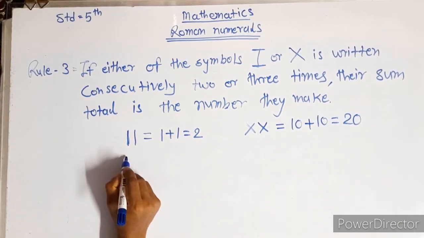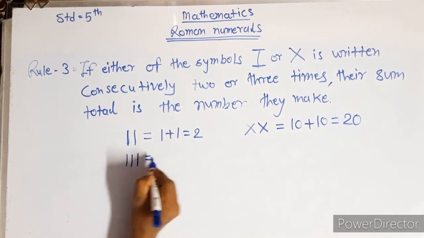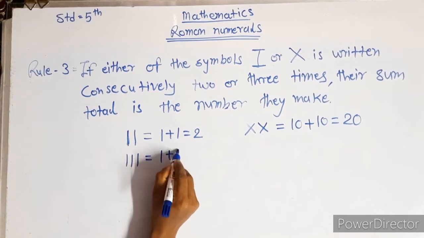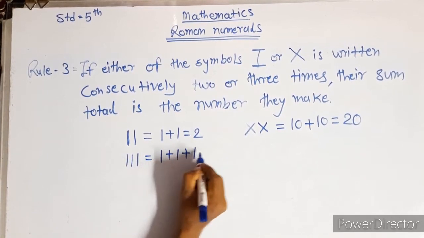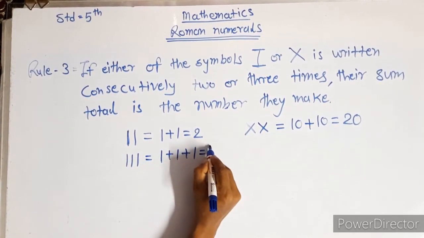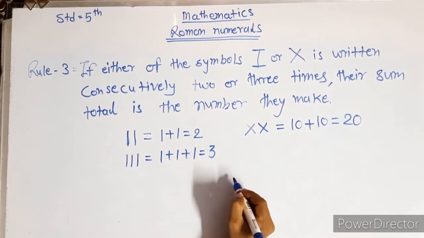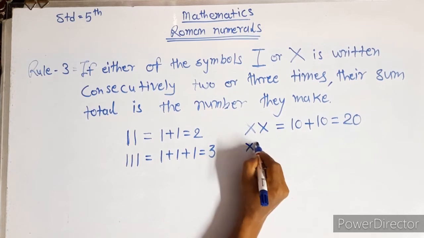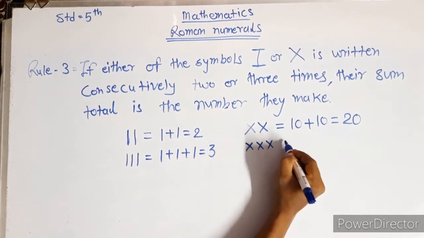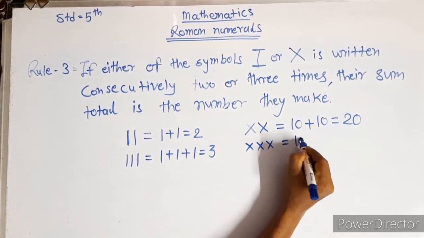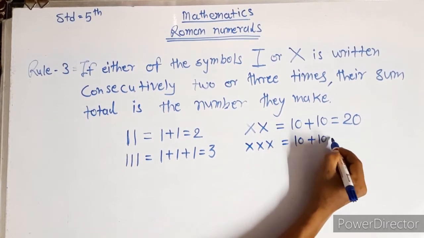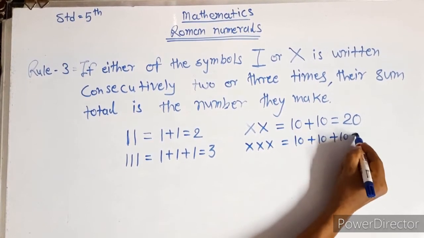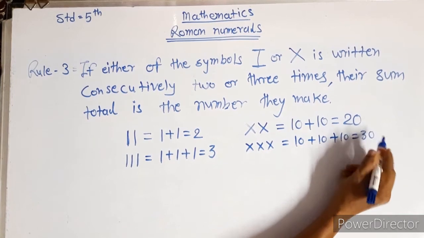Now if we use I 3 times, it means 1 plus 1 plus 1 is equal to 3. Now we use X three times: 10 plus 10 plus 10 is equal to 30.